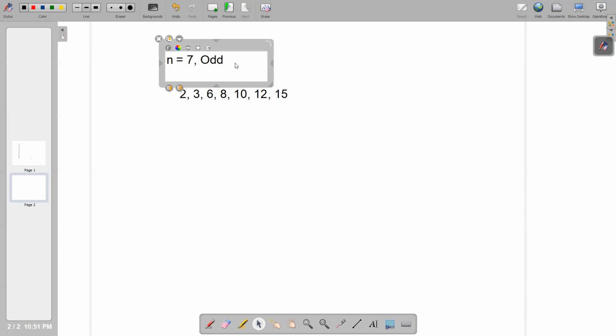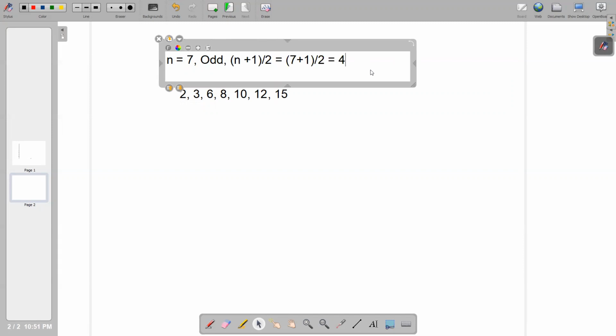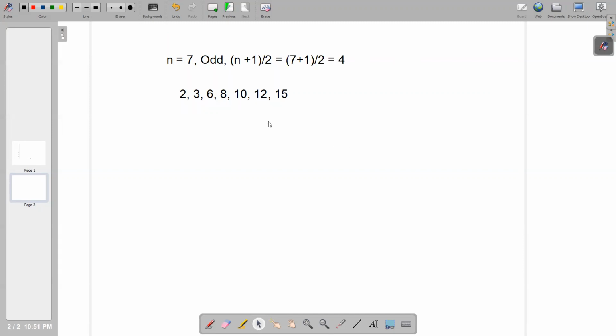So one way to do it is we can calculate it. We use n plus 1, then divided by 2. And that's very simple, right? 7 plus 1 divided by 2 equals 4. So that'll be number 4 in the sorted list. So if you look at the data set, number 4, 1, 2, 3, 4.